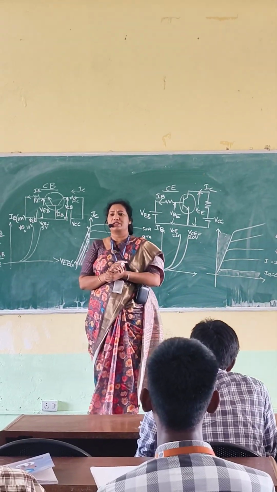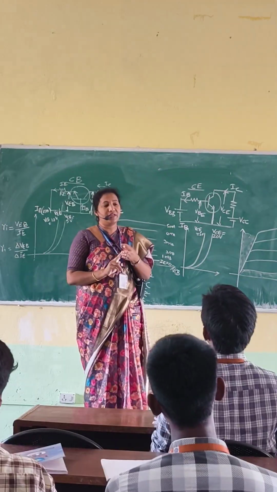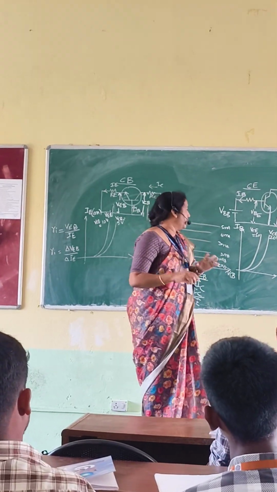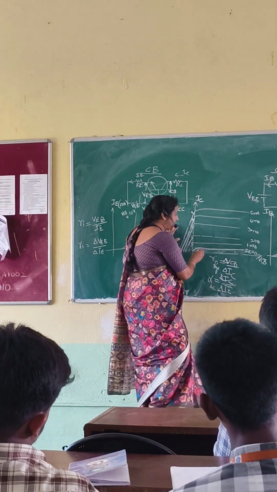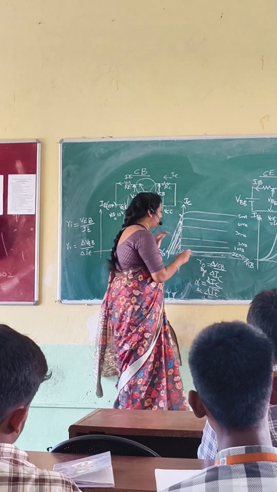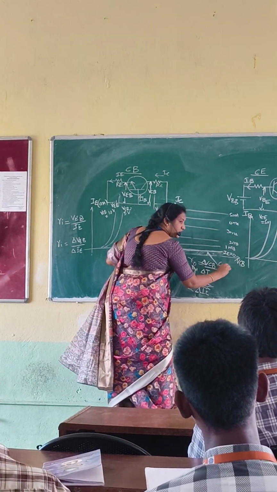In output characteristics, there are three regions. I have reminded you: active mode, cut-off mode and saturation. Now in this graph also we are going to see these portions. When I give no voltage to both the junctions, you will not get any current. So this portion is called the cut-off region.